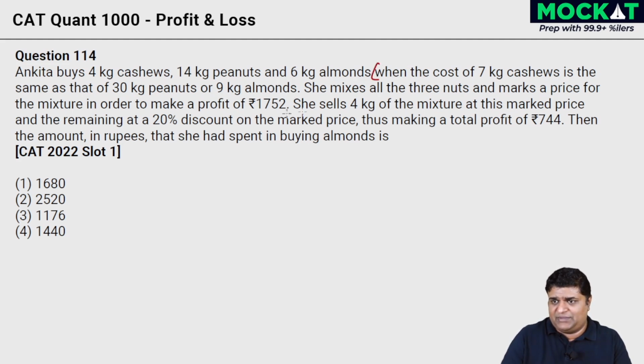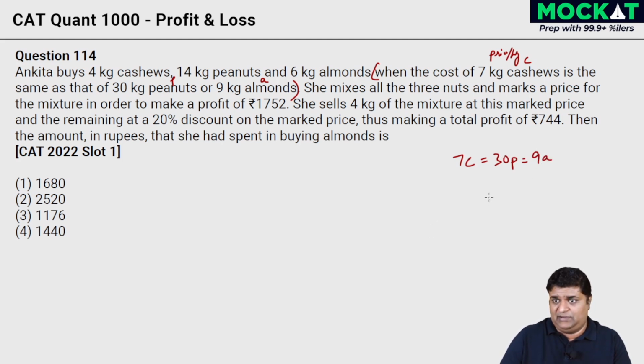So whenever you're given something like this, let the price per kg of cashew be C, the price per kg of peanut be P, and the price per kg of almonds be A. It simply means 7 into C, and C is the price per kg, remember. So 7C equals 30P equals 9A, right?